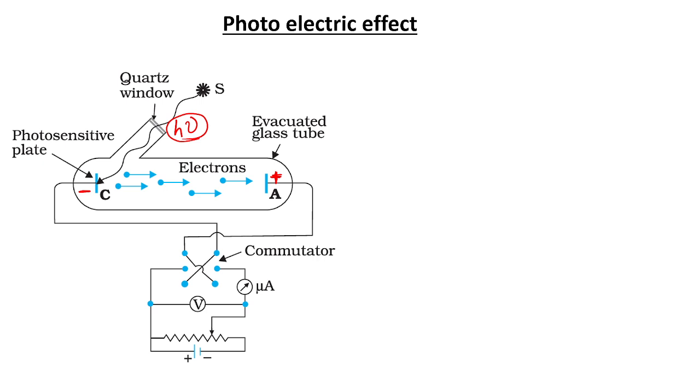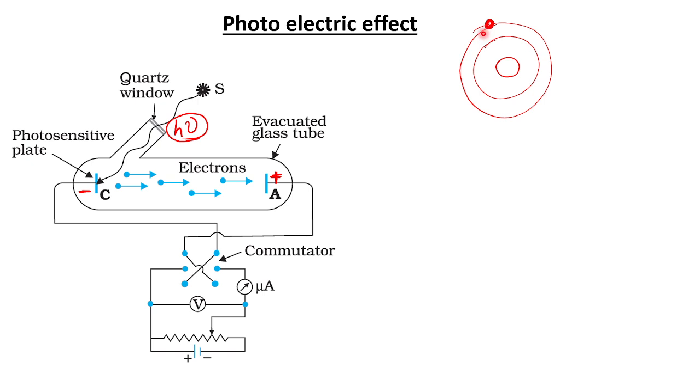This high energy h mu falls on atoms of C. The outermost electrons are weakly bound by the attractive force of the nucleus. The outermost electron is almost free. So when this photon falls on this atom, this electron will be separated.